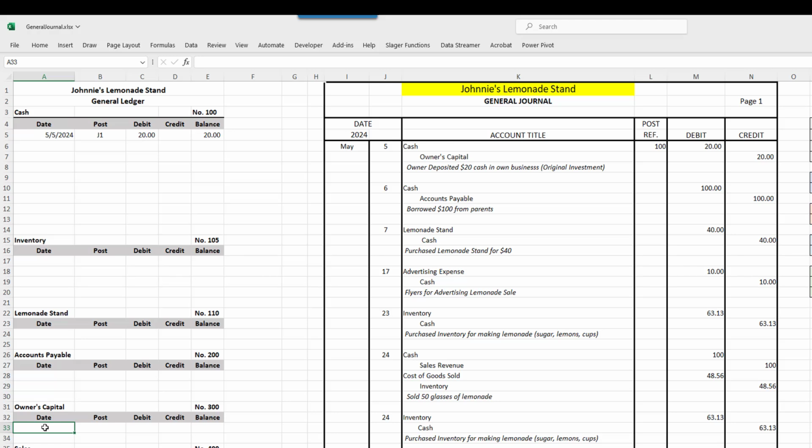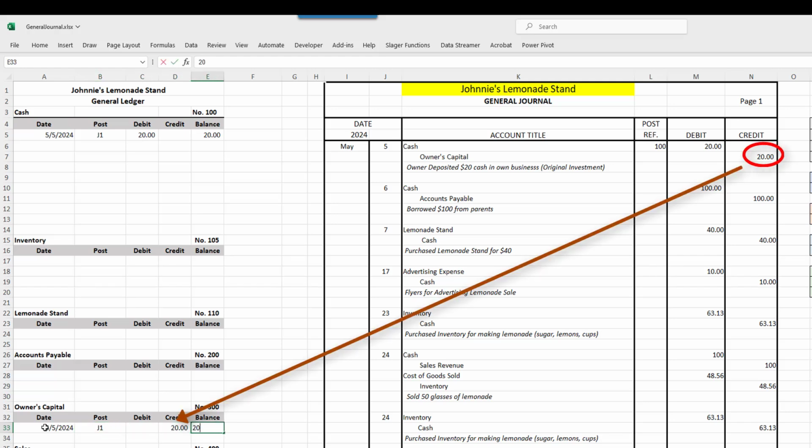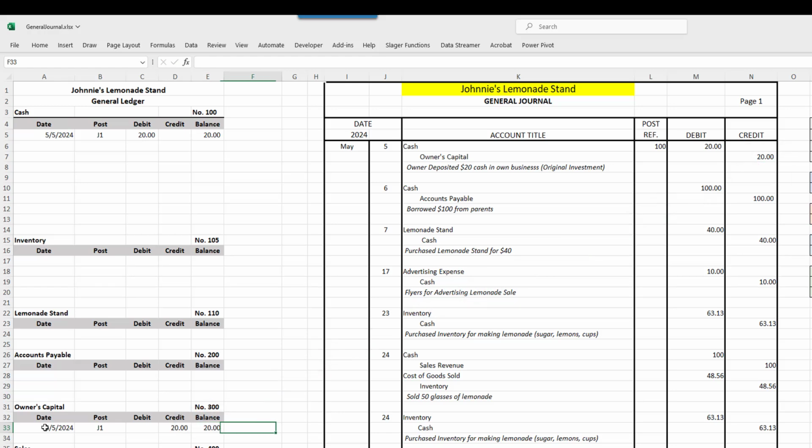I will enter the date for May 5th, 2024, then J1 for journal page 1. I will enter 20 in the credit column and in the balance column. I will enter 300 in the post-ref column of the general journal because this is the account number associated with owner's capital.